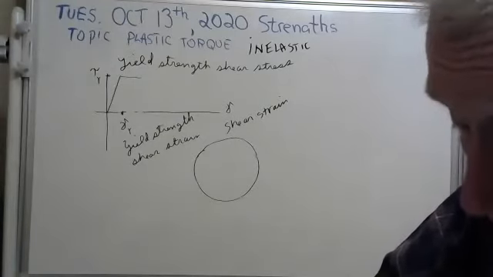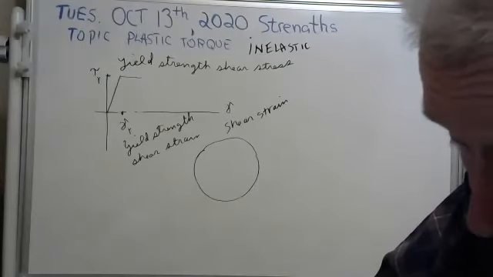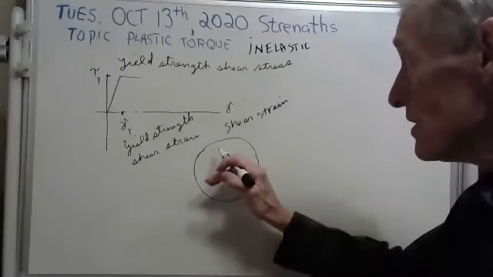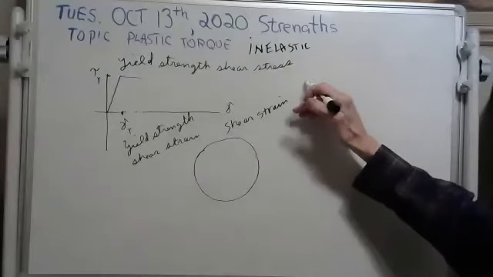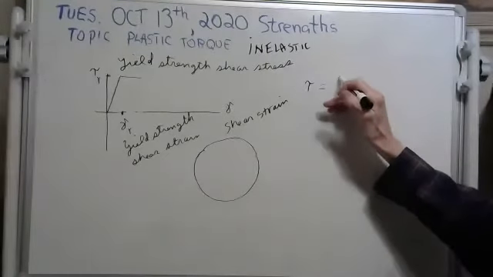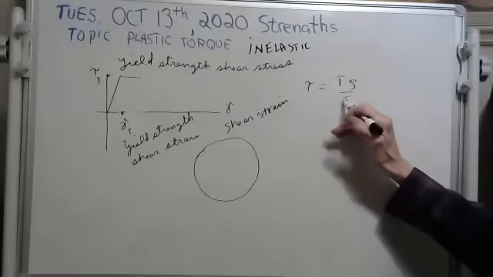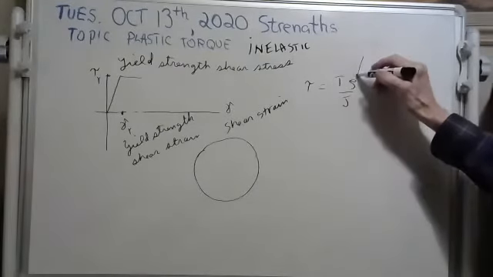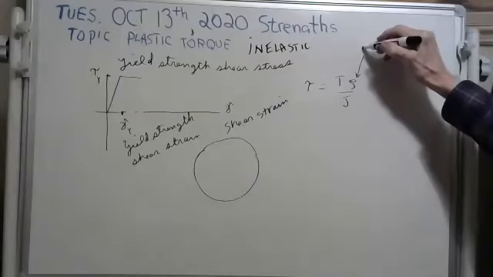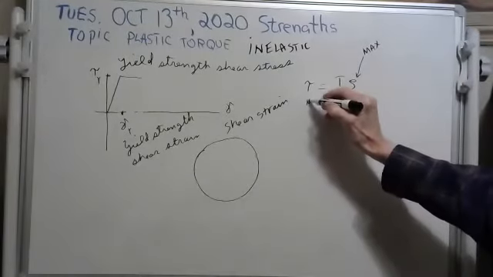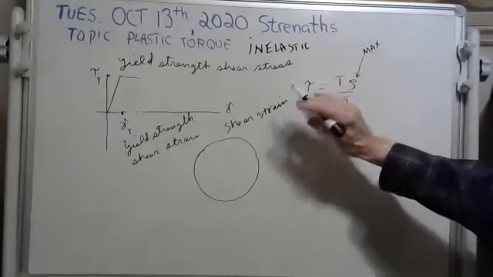If you put enough twist on a rod, you can reach yield strength. And you'll reach it first on the outside because stress is equal to T rho over J. Does it make sense that if the rho is the maximum, then you'll get your maximum shear stress?